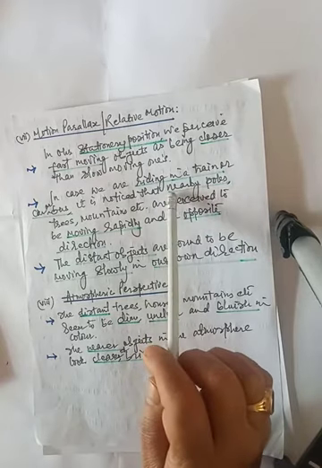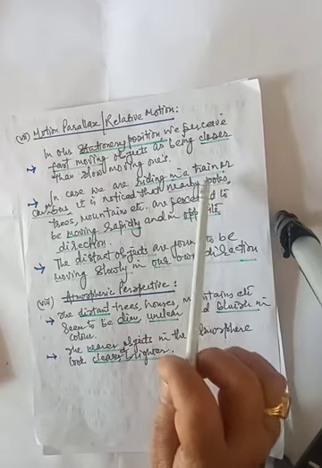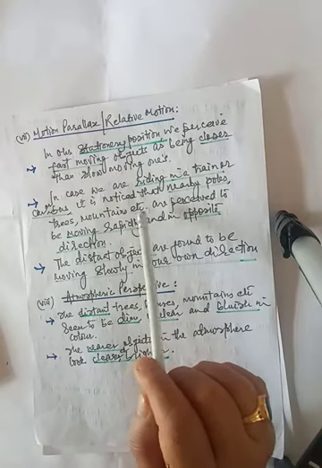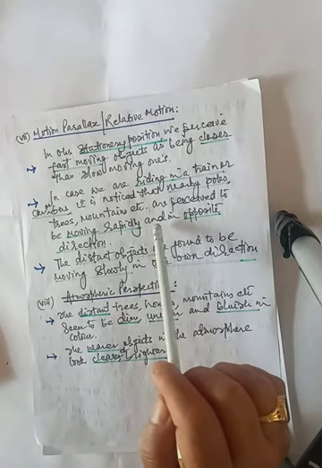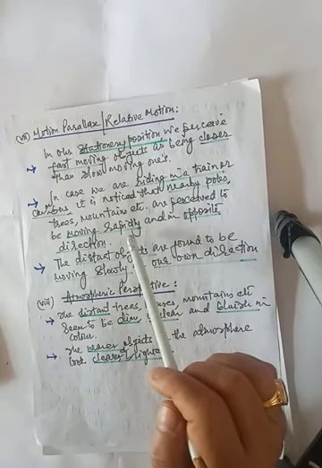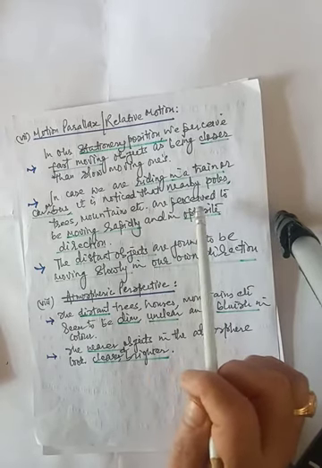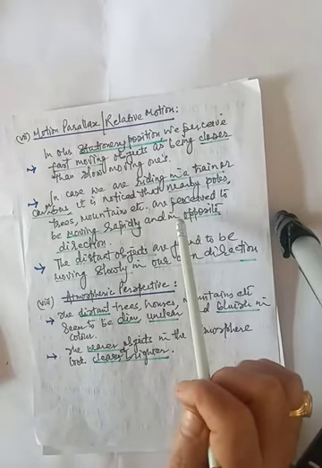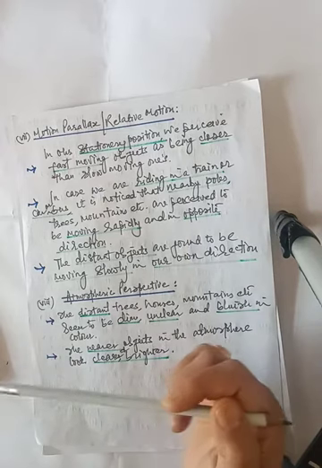Like when we are traveling in a car, train or a bus, the objects which are near to the vehicle seem to be moving very fast in an opposite direction.